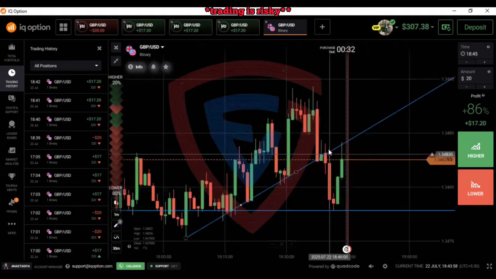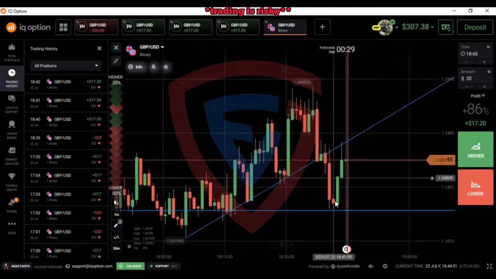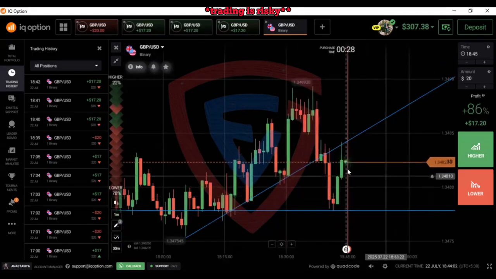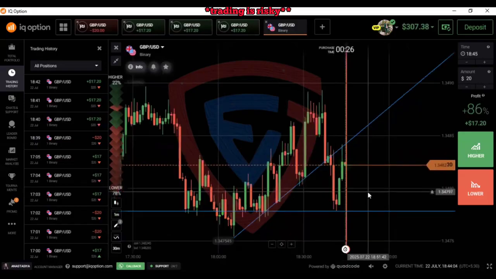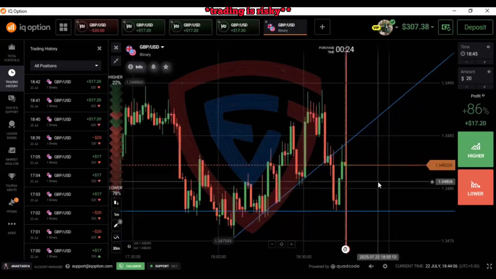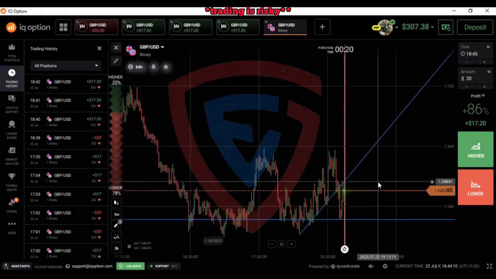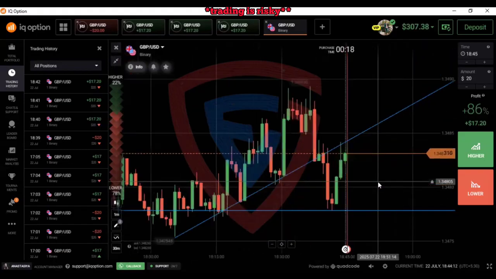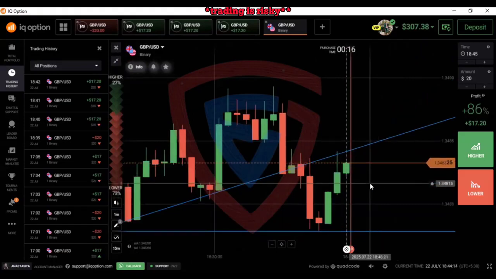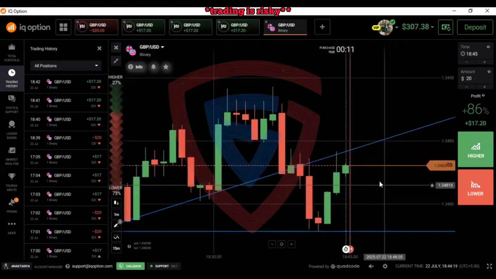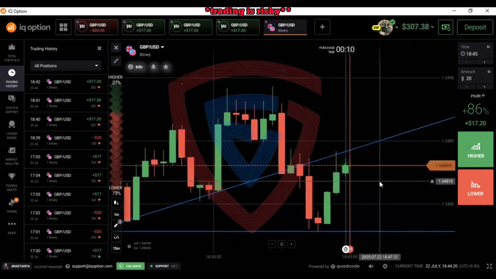Previously when we saw a rejection, there was a seller's entry. So here sellers may enter easily, but I don't take a trade here. I will wait for this candle, then I will place my trade. So I will try to place one more trade here.